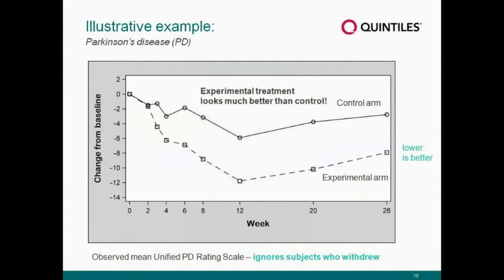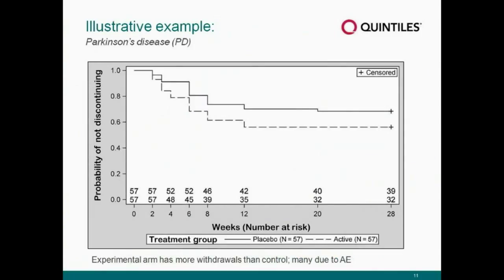Sure, the experimental treatment looks much better than control, but if we look at a plot of withdrawal from the study, the technical description is a plot of the probability of staying in the study. Here again, the solid line represents control, dashed line represents the experimental arm, and again the horizontal axis is time in weeks.